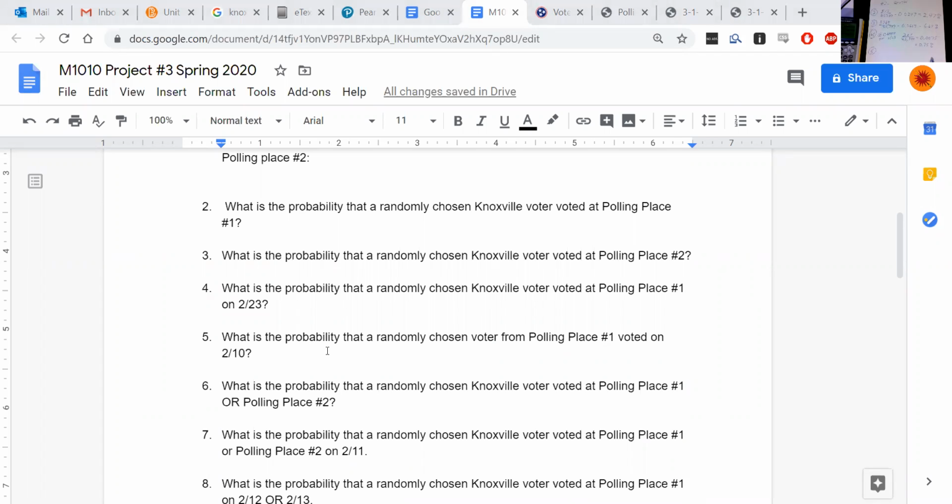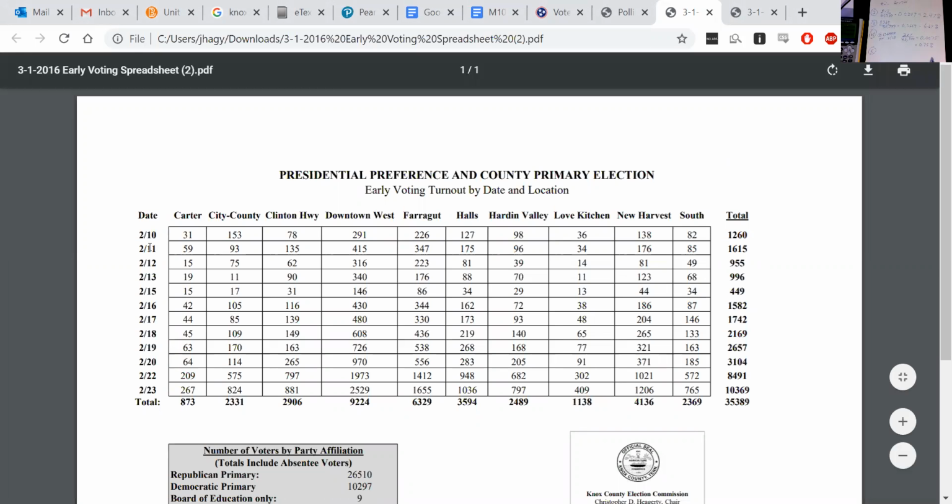What is the probability that a random voter from polling place 1 voted on 2/10? Similar procedure to the last one. Go back to our data. Carter on 2/10, that's 31.